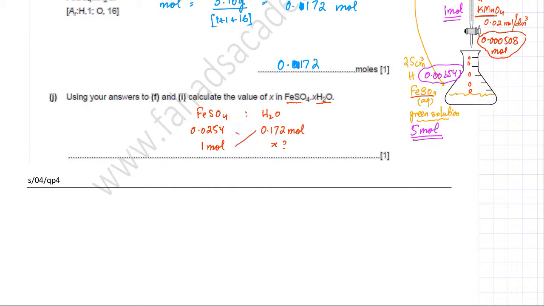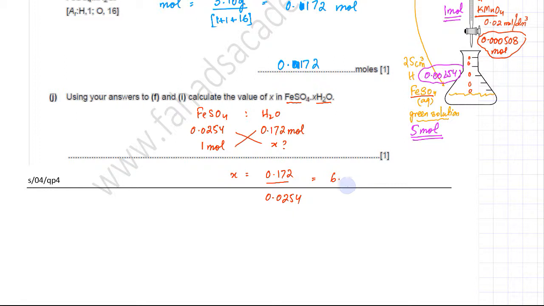So using simple ratios, X would be equal to 0.172 into 1 divided by 0.0254. Solving this on my calculator, 0.172 divided by 0.0254, the value is approximately equal to 6.